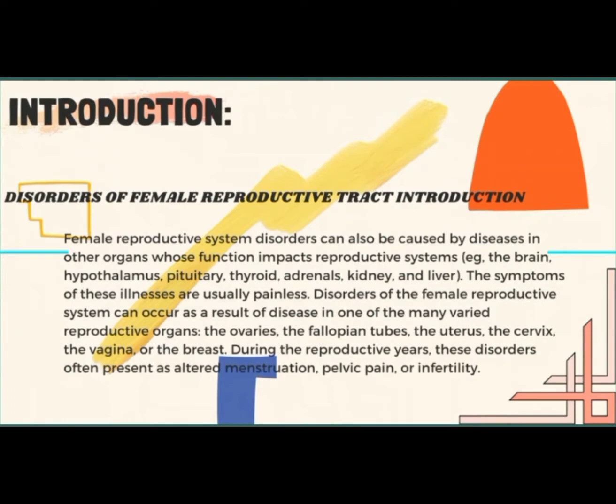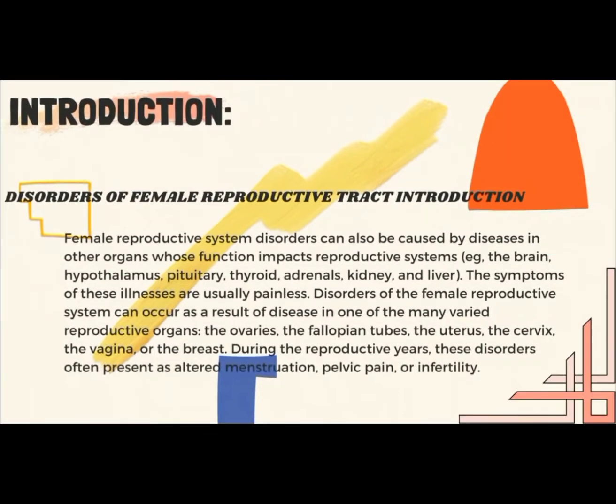Disorders of the female reproductive system can occur as a result of disease in one of the many varied reproductive organs: the ovaries, the fallopian tubes, the uterus, the cervix, the vagina, or the breast. During the reproductive years, these disorders often present as altered menstruation, pelvic pain, or infertility.